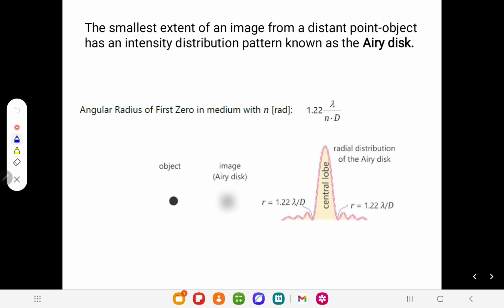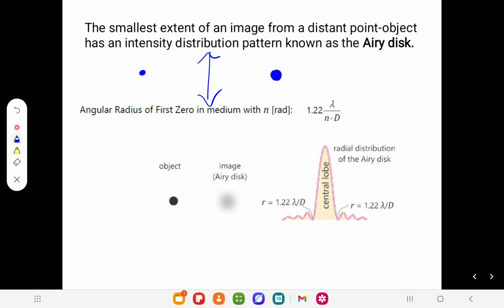So what happens when a point object passes through the optical system and produces an image? We know it will never produce an ideal image. Is it possible? It is not at all. There is aberration, there is focus and defocus, and there is definitely diffraction.